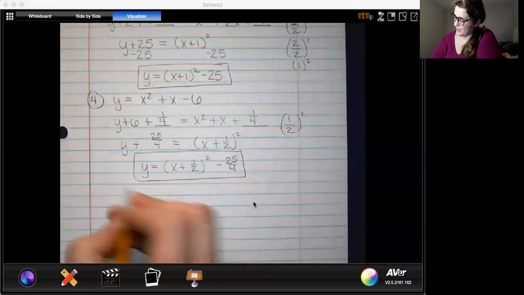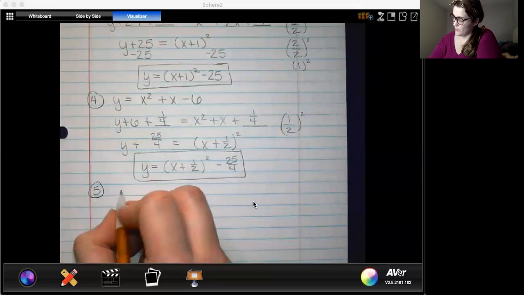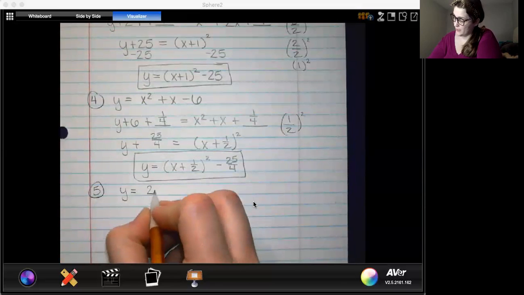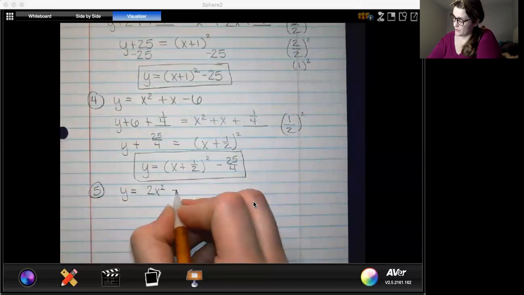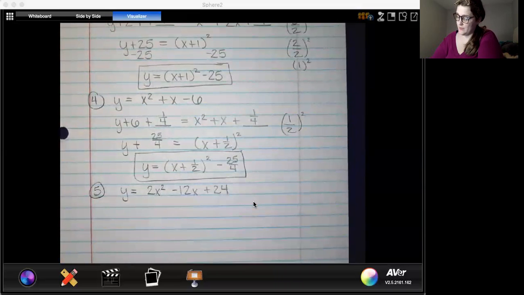Okay, last one for this one. Number 5, y equals 2x squared minus 12x plus 24. Now, before we can complete this, we're going to have to follow the first step, which is dividing by a.